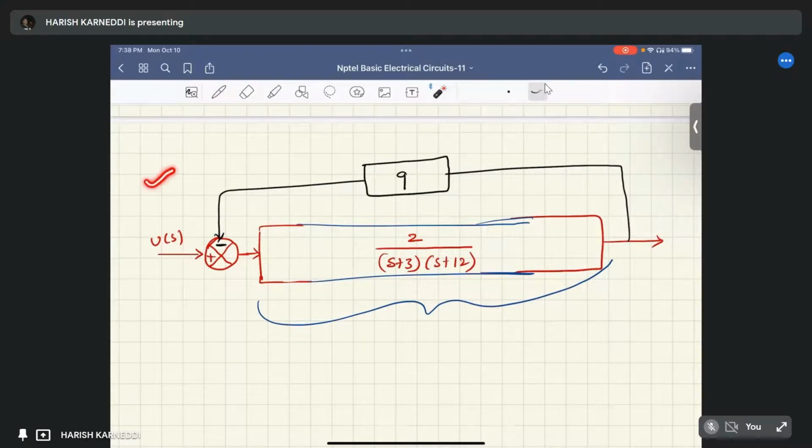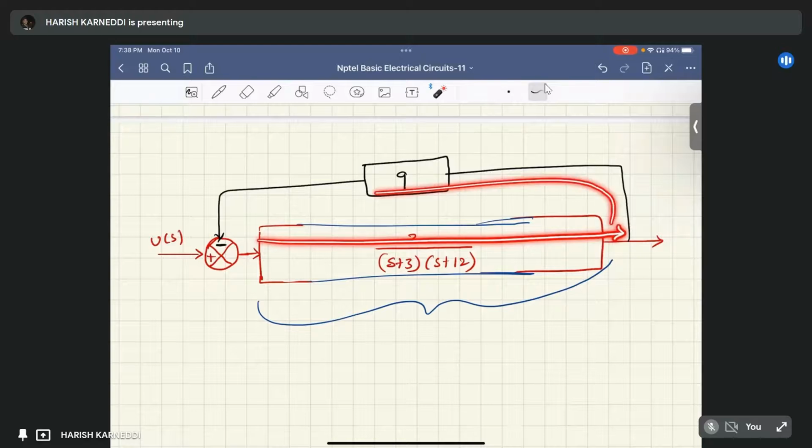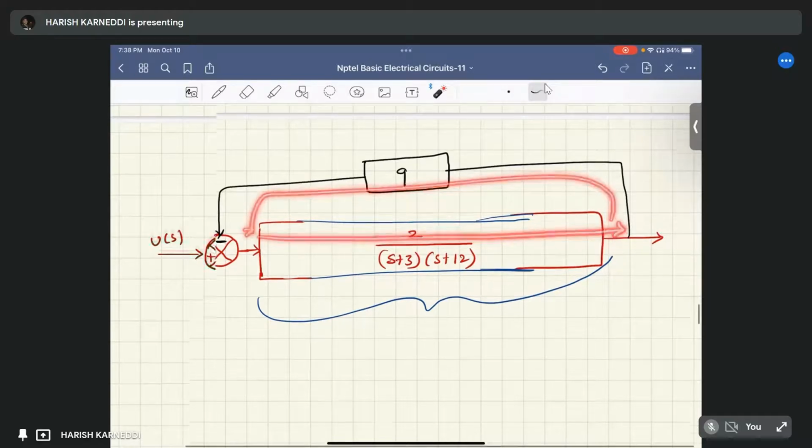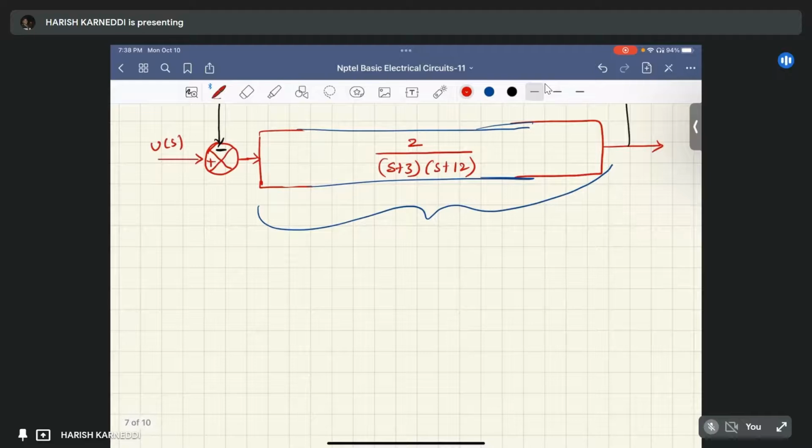Again this is a negative feedback loop. Why? Because here the forward path is having a negative feedback path. So the gain of the forward path is 2 by s plus 3 into s plus 12.